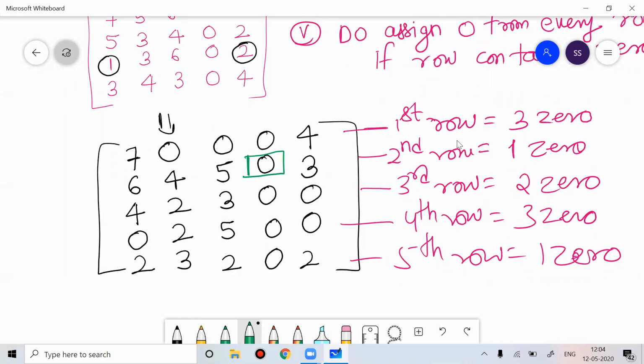It means that the mechanic 2, if you remember, 5 mechanics were there, A, B, C, D, E. Jobs were 1, 2, 3, 4, 5.